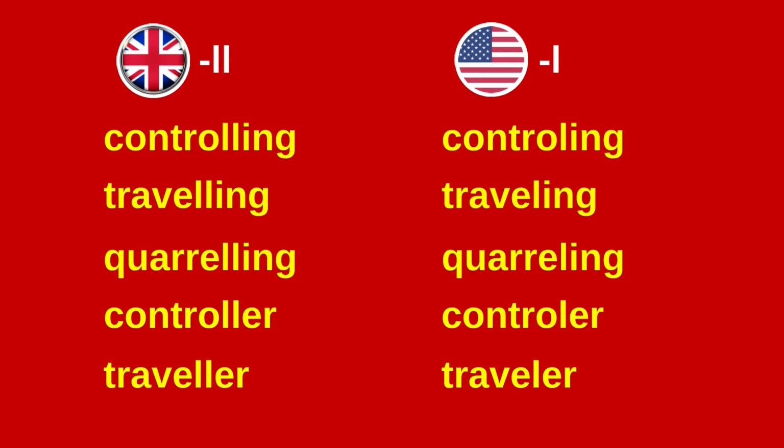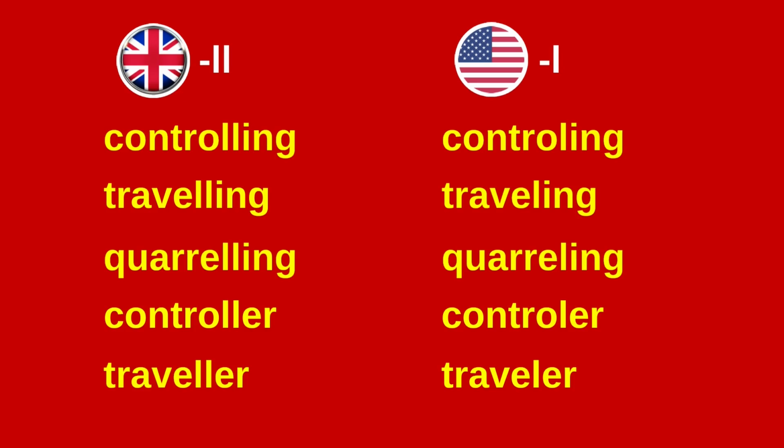Here in this set you find certain verbs ending in L, and that L is being doubled when we add ing, er, or ed to the end of that word. This happens only in British English, but in American English they do not double that final L. As you can see on screen right now, control, controlling.